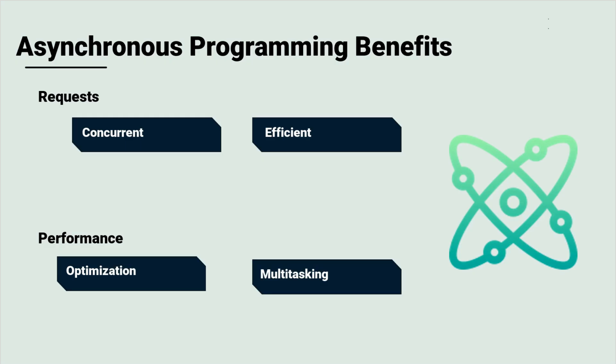Imagine you're tasked with fetching data from two different external web services, and you need to aggregate that into your API response. Now, here's where asynchronous programming comes in handy. It's a game changer. By leveraging this concept, you can initiate both requests at the same time, allowing your application to work more efficiently.